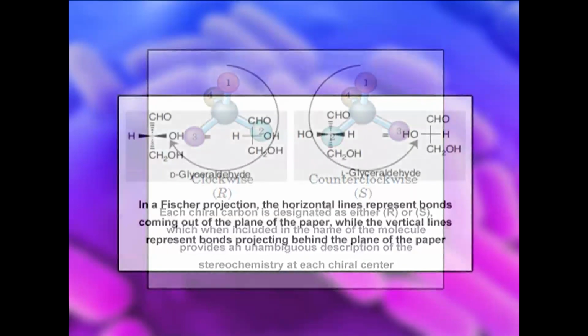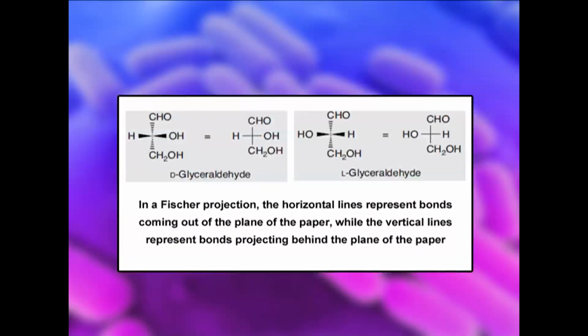There is another system called the D and L system, which is a little bit older system but still quite used, where the descriptors D and L relate the sense of chirality of any molecule to that of D and L glyceraldehyde.